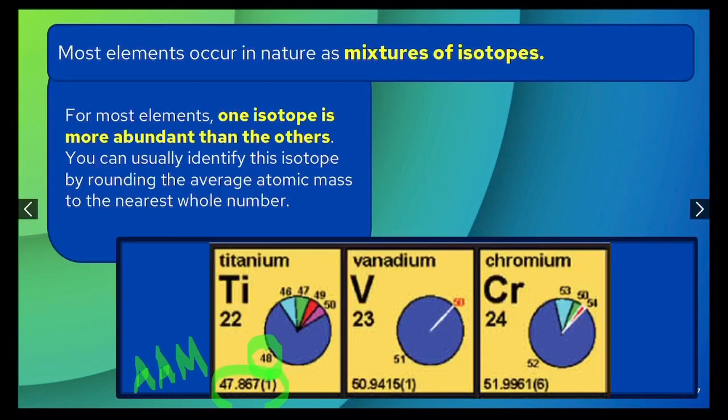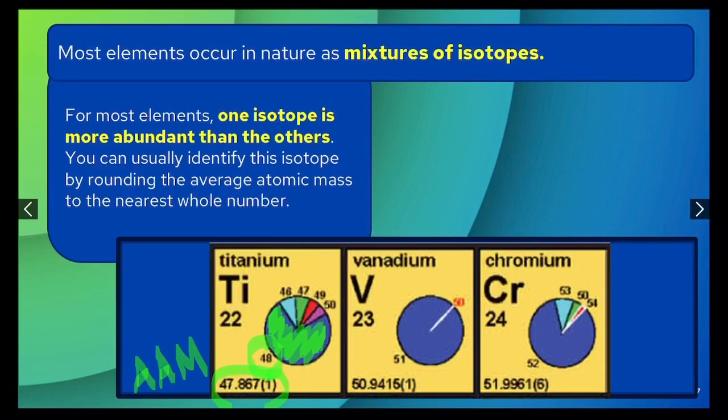48 is the most abundant isotope of titanium, titanium-48, available in nature, and that's evident and shown in this pie chart. This dark blue region that I'm going to shade in with green is the section of the pie that titanium-48 occupies.